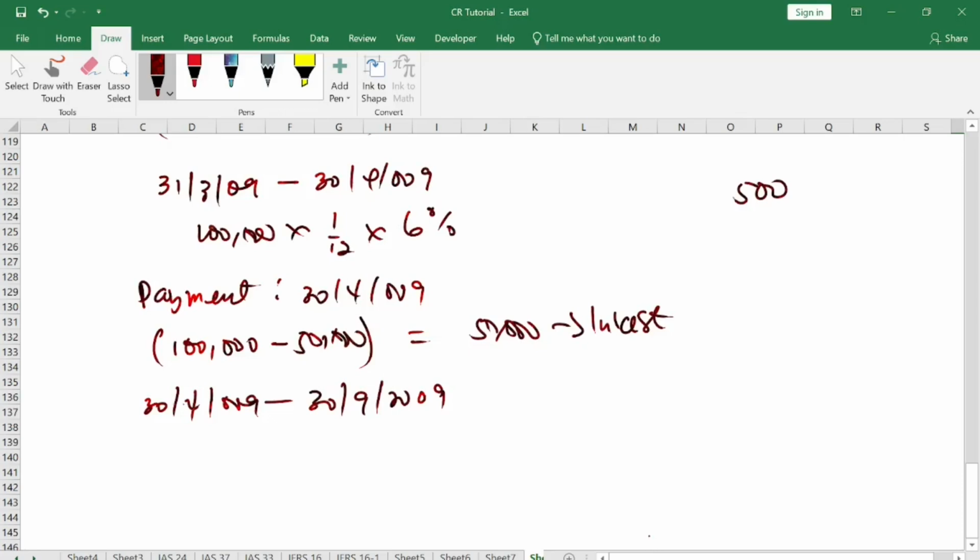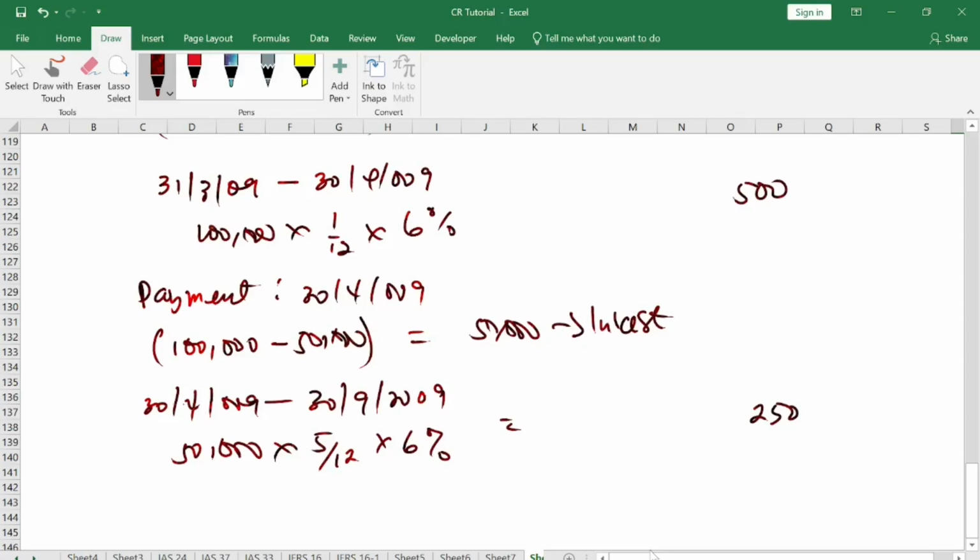So you pick this 50,000, multiply by 5 months, times the interest rate. How much do you have here? You have 250. So in September, that is when the project ends.